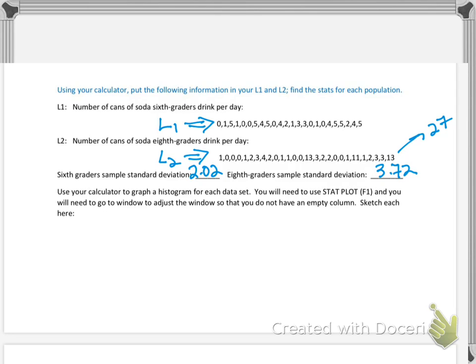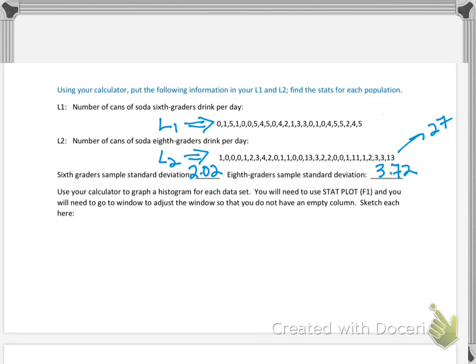And right now I'm working on my window, and to get my window, I hit the second gray key on top. And I'm editing my window. My Y min, so looking at this, the lower value I have is a 0. The max looks like it's 5. That's the highest value. So why don't I just say 7 again. And now I'm going to say graph.